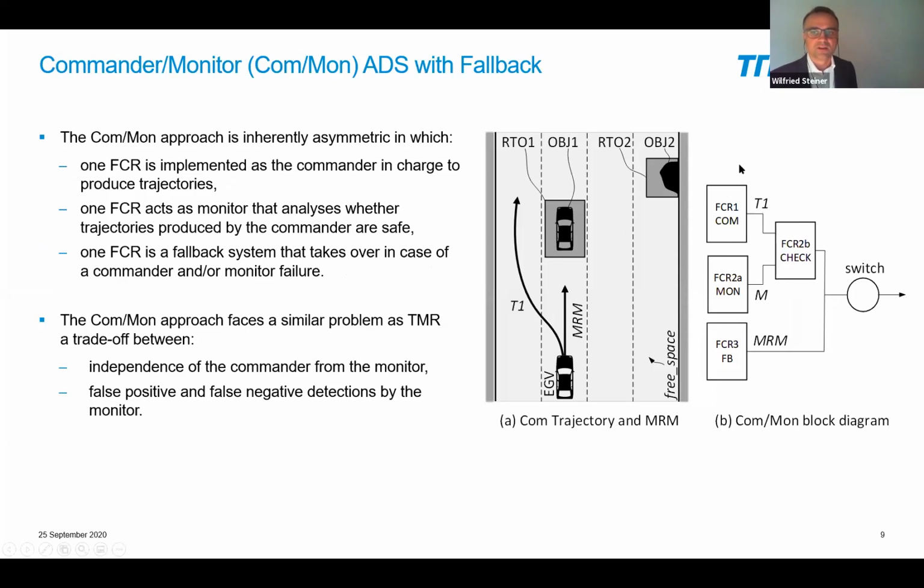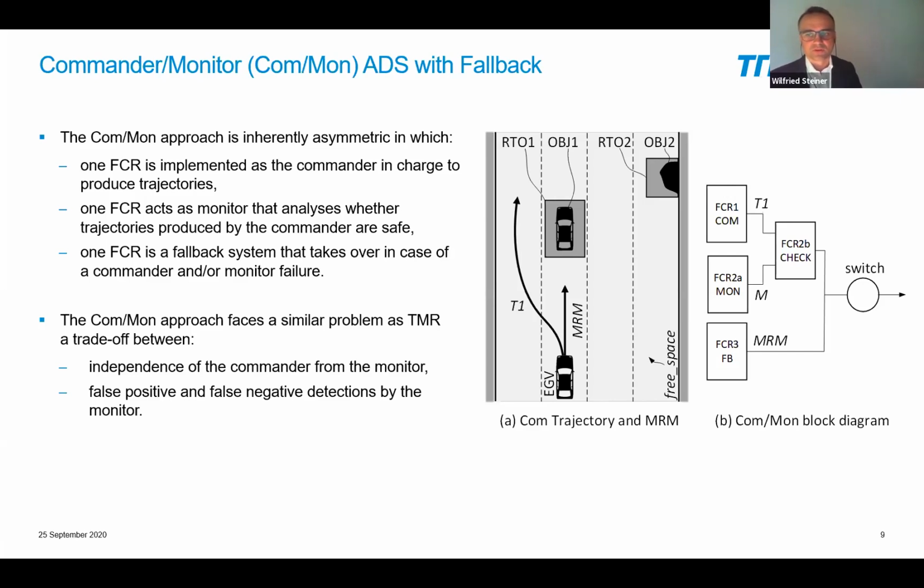So you see again here on the right, multiple fault containment regions, but the big difference in comparison to the TMR is that in this case, FCR1 operates as the commander, or the doer in the other terminology, and produces a trajectory. And we have a second fault containment region, which is acting as a monitor. So instead of producing another trajectory, the monitoring FCR observes and checks the output of the first FCR.